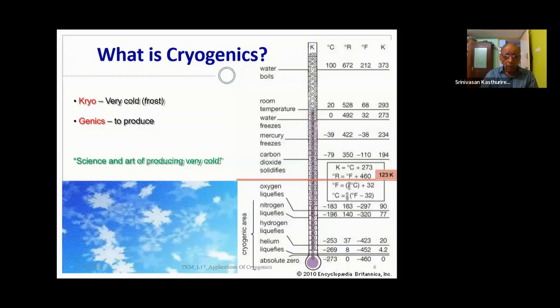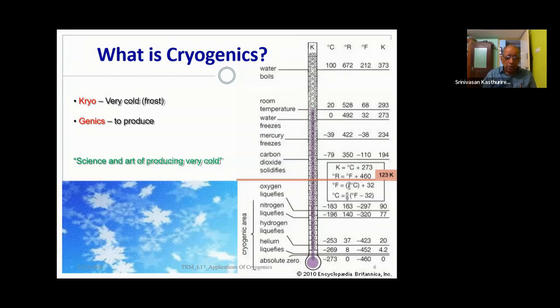Now, this is a familiar slide to us because we know the temperature scale in Kelvin. We know very well that 123 Kelvin, or minus 150 degrees centigrade, is a borderline between the upper side, which is the refrigeration temperature range, and the lower side, which corresponds to the cryogenic range.